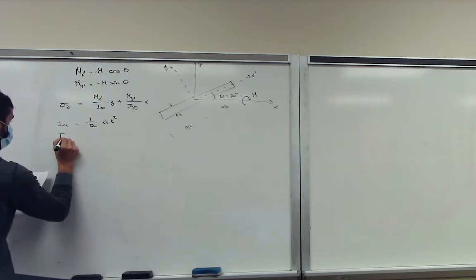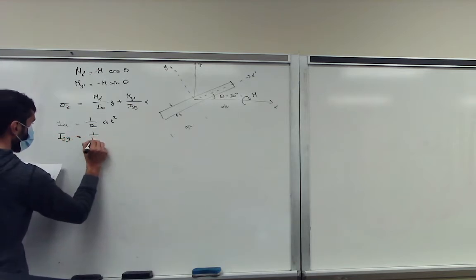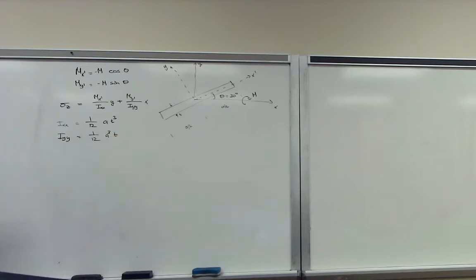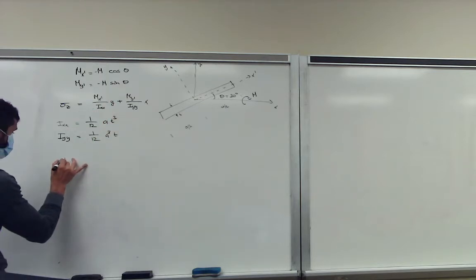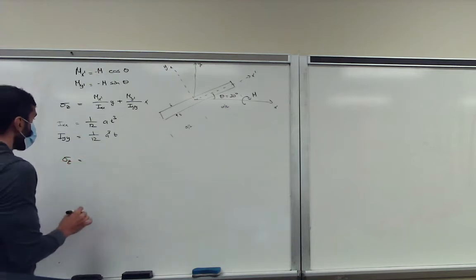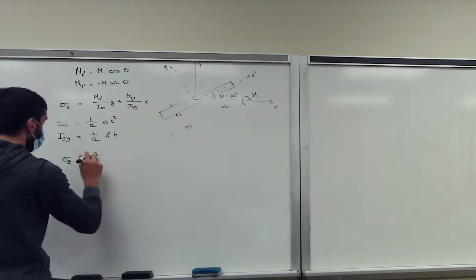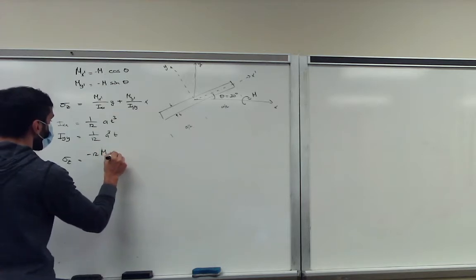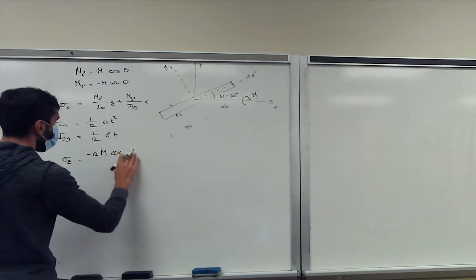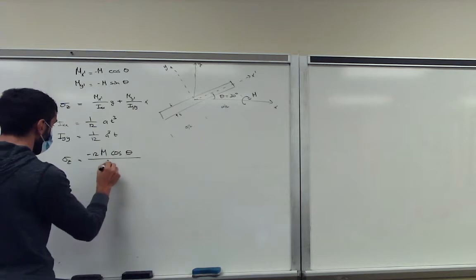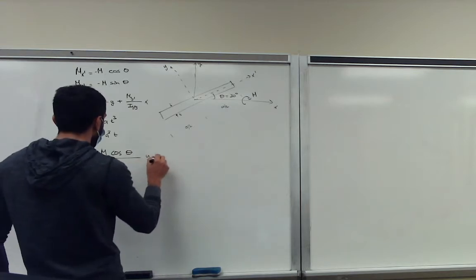And Iyy is basically the other way around. Then we plug this in, so we get sigma z. So we get 12, and then minus moment cosine theta over a cubed t, multiplied by y.